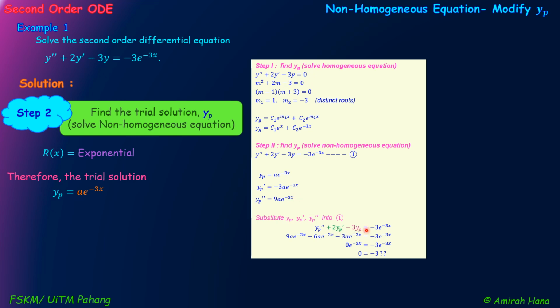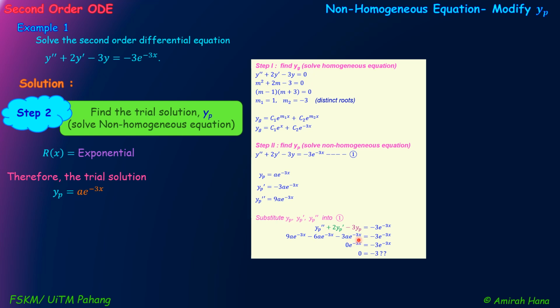And right hand side now equals to negative 3e to the power of negative 3x, right? Our yp double prime equals to 9ae to the power of negative 3x. And then yp prime, we multiply by 2, so we got negative 6ae to the power of negative 3x. Yp, we multiply by negative 3, so we got negative 3ae to the power of negative 3x.